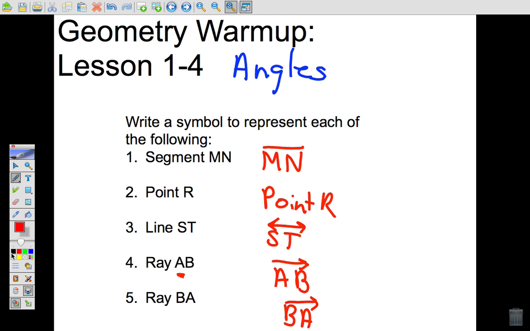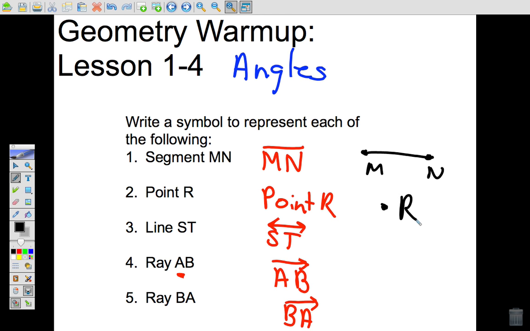Now, I just want to show a picture of each of these. So segment MN would look like this. So M and N. And you could have those flip-flopped around. A point R would look like this.